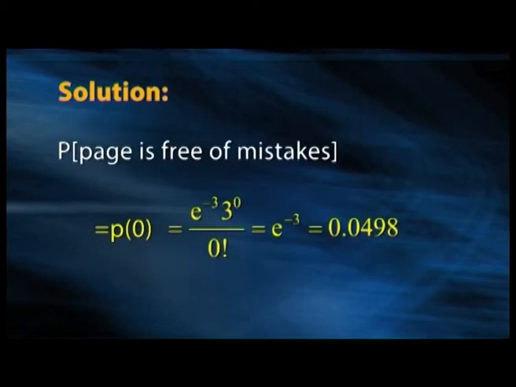Probability that a page is free of mistakes is equal to p of 0 is equal to e power minus 3 into 3 power 0 divided by 0 factorial is equal to e power minus 3 is equal to 0.0498. To find number of pages among 200 pages expected to have mistakes, first we find probability that a page has mistake.